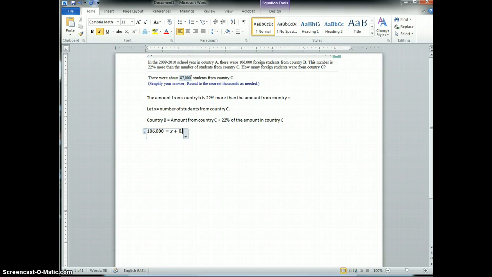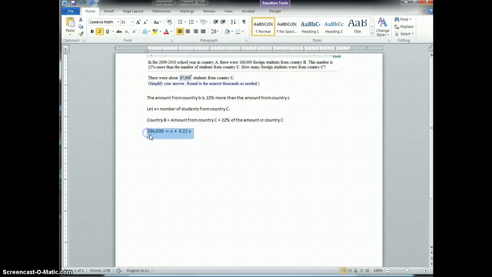We're going to write this as 0.22. You divide that by 100. And then the amount in country C is also the value of x. So I took these words: the amount in country B, 106,000 given to us in the problem, is equal to the amount in country C, x, and then 22% of that amount is 0.22x.